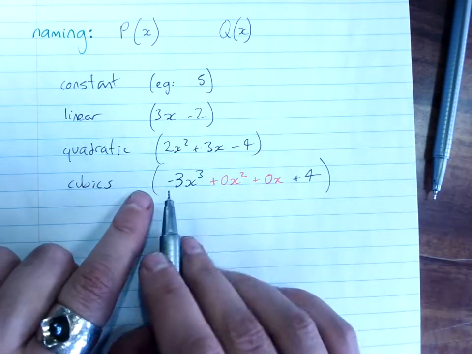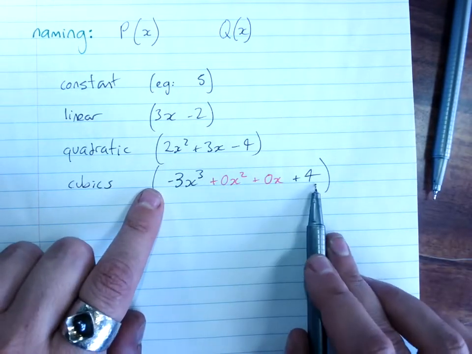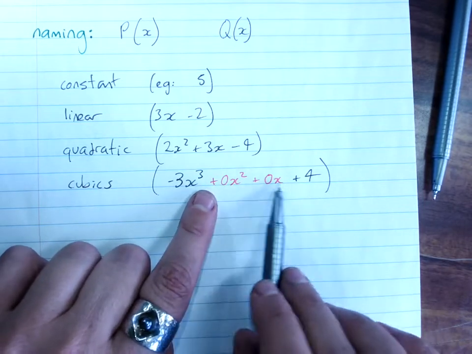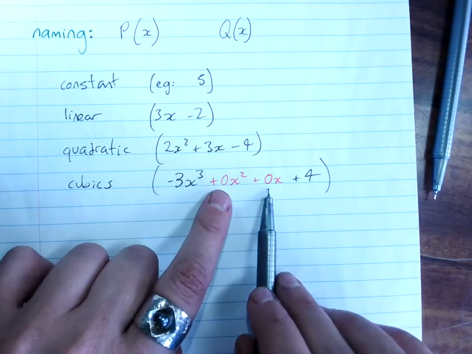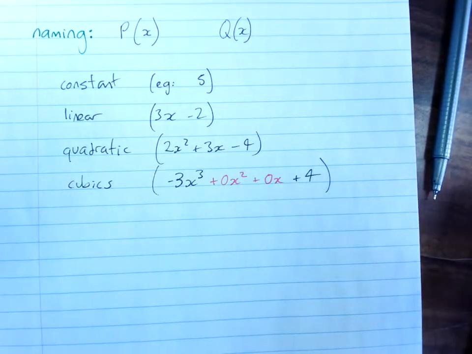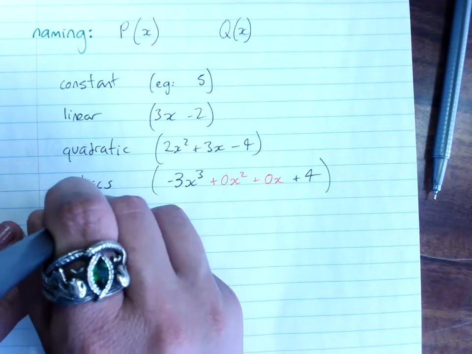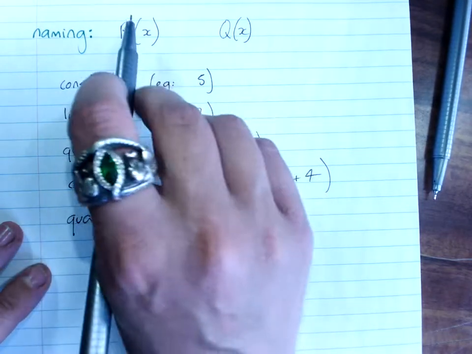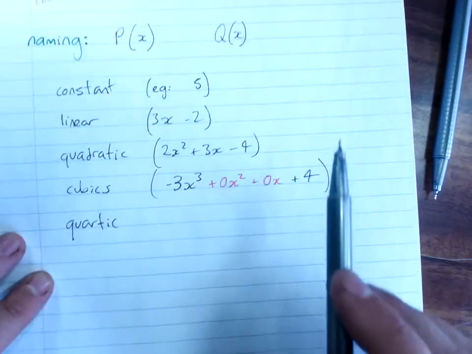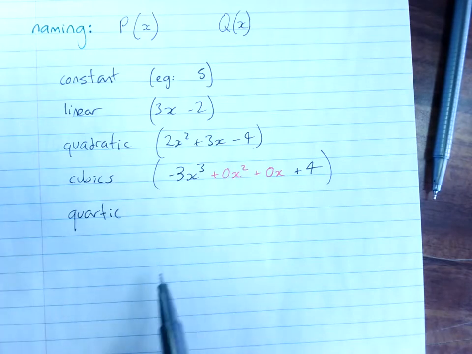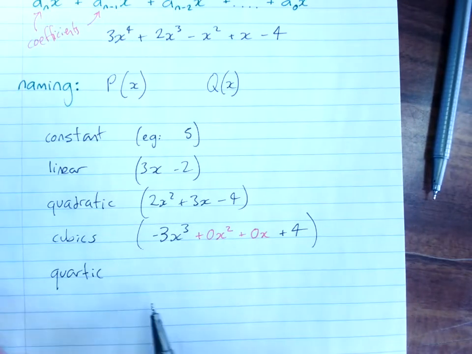So this polynomial, negative 3x cubed plus 4, the other x's have a 0 coefficient technically. So you don't have to have them all in there. And of course then there's a quartic, and we gave an example of that up here. And then from there on you would just say a polynomial of degree whatever, so a polynomial of degree 8.